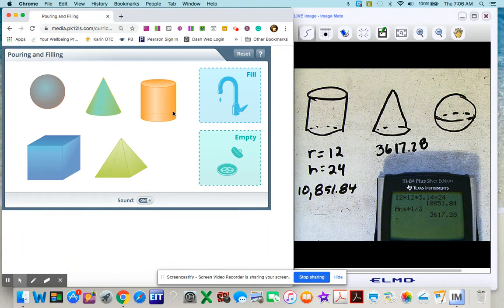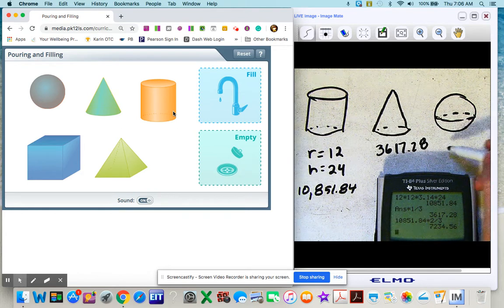If I wanted to find the volume of the sphere, I could go back to my cylinder and take 2/3 of that. So times 2 divided by 3, so times 2/3.